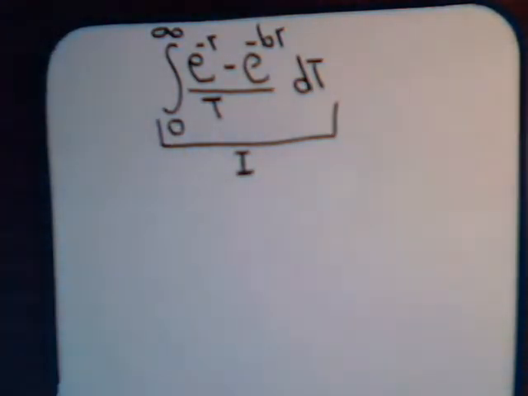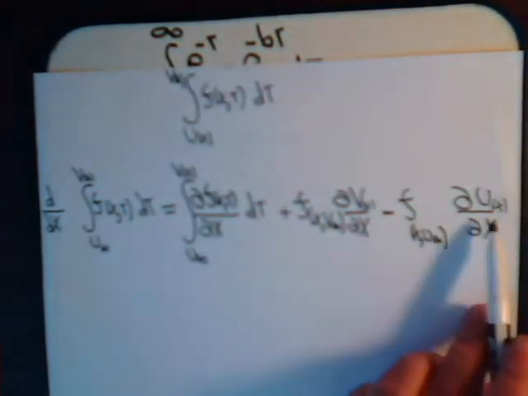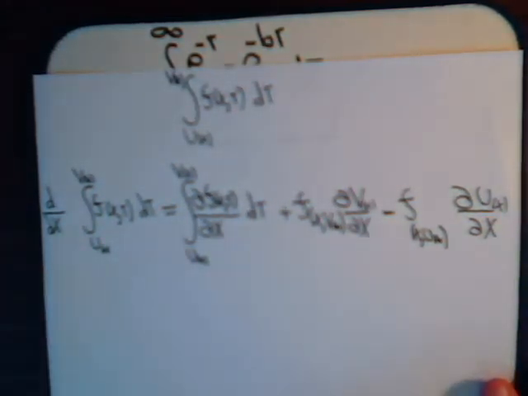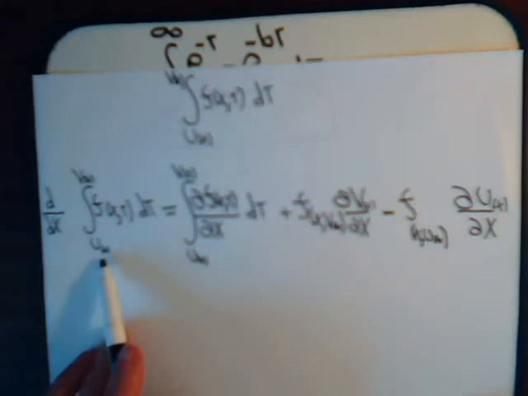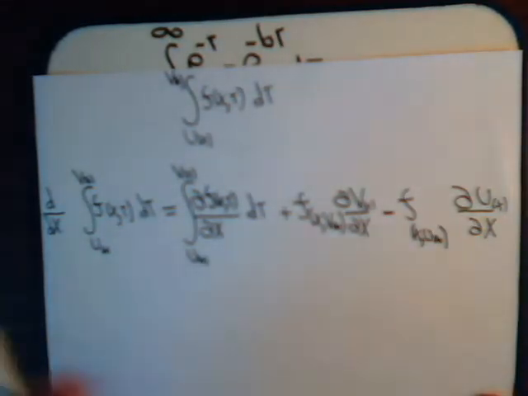They are not functions, which means that if we try to differentiate it, this term and this term are 0. When we developed the general form for the Leibniz differentiation method of integrals, these were functions here. In our problem, they are constants, so this derivative is 0 and this derivative is 0.